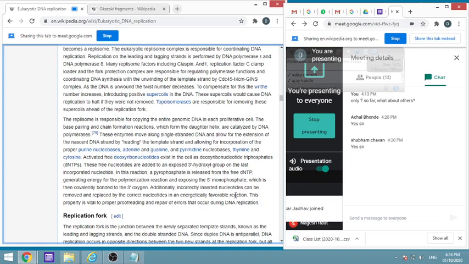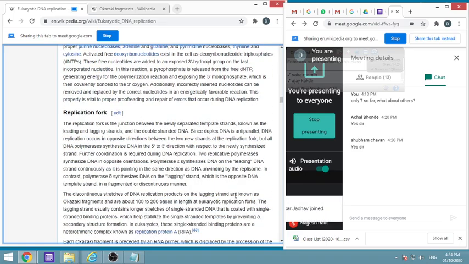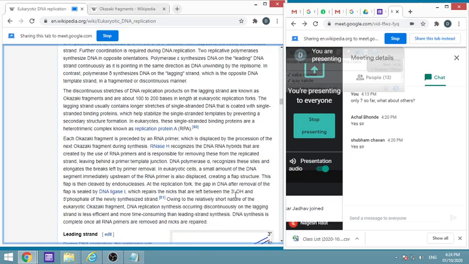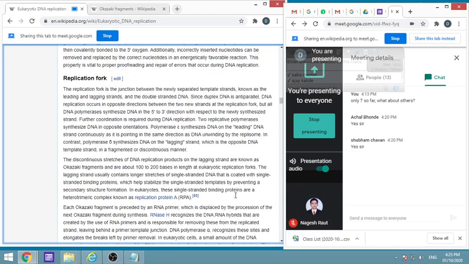The next structure, which is Y-shaped, is called the replication fork. I told you it is a comb-like or fork-like structure, and this is the first stage from which it starts. There is a junction between the two strands, the leading strand and the lagging strand, and then it again becomes double stranded.